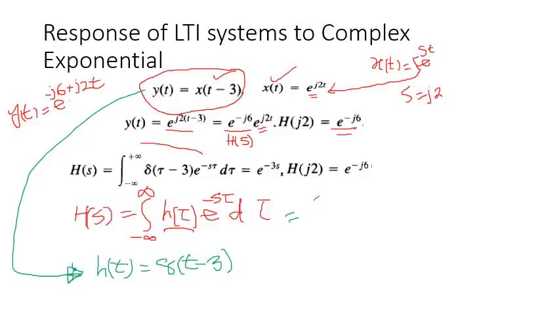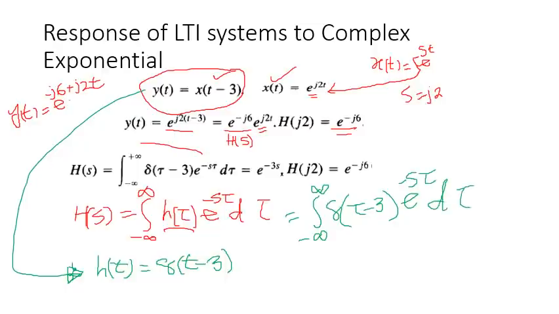So by putting the values, we integrate from minus infinity up to infinity, impulse of tau minus 3, times e power minus s tau, d tau.